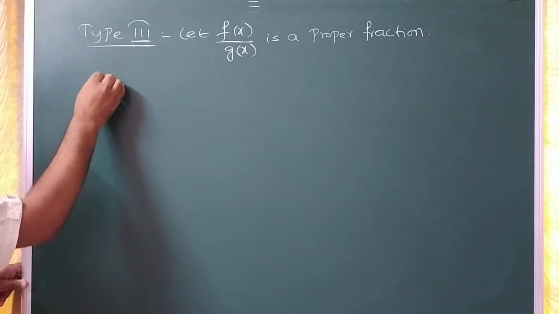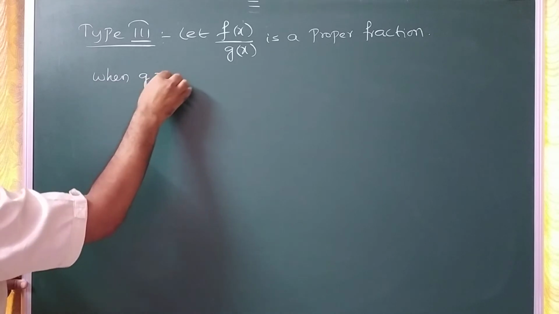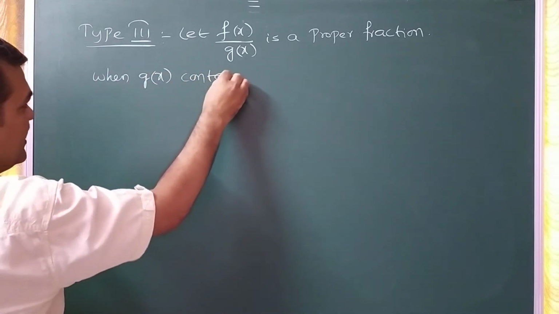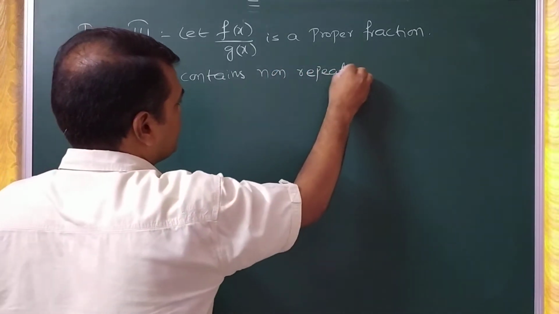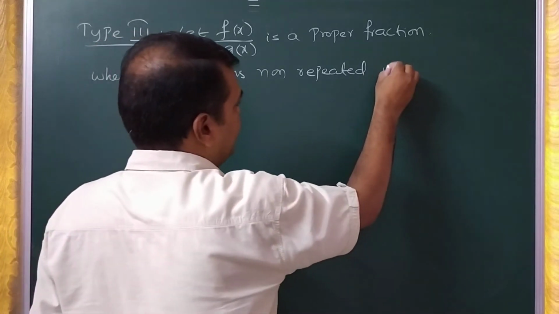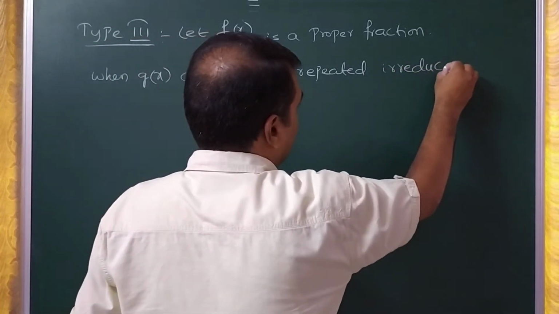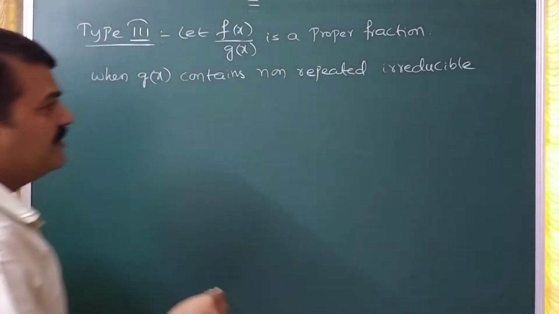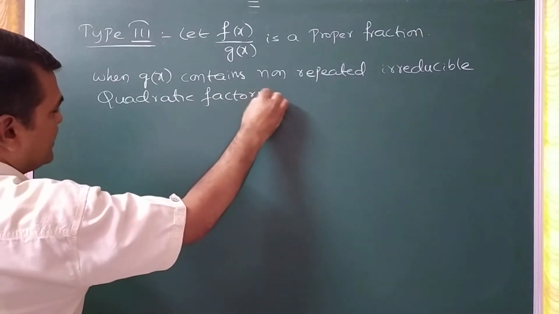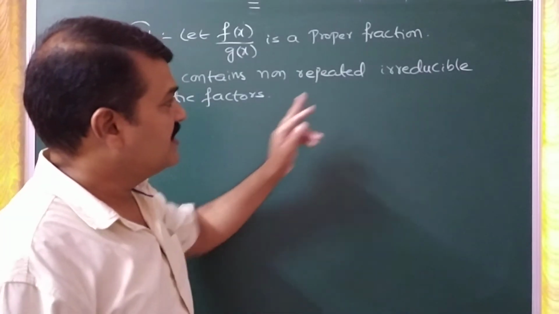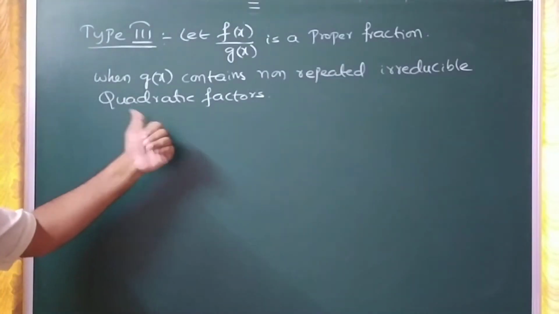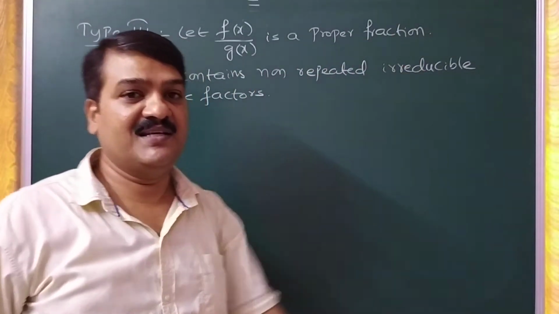Okay, so next, the denominator g of x contains non-repeated, irreducible quadratic factors. Non-repeated means whole square, whole cube, like that, nothing must be there. Irreducible quadratic factors: a quadratic which cannot be further factorized.